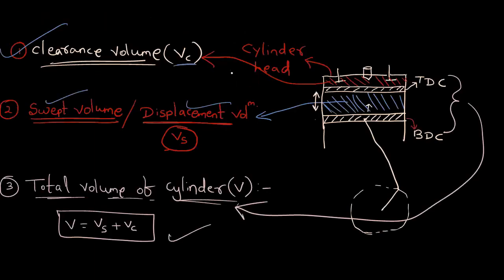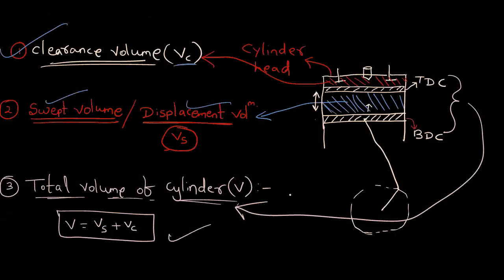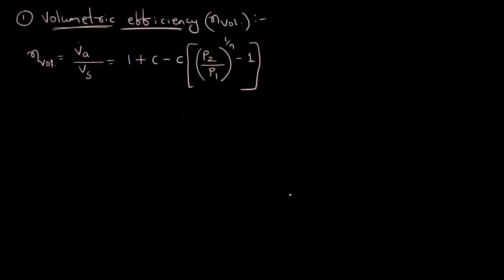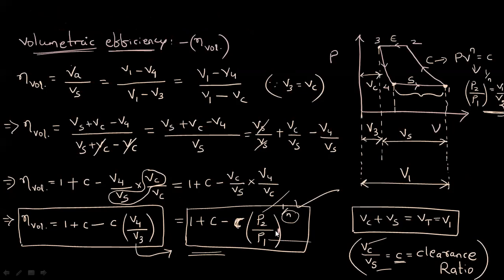Okay, whatever we have discussed here. 1 plus C minus C P2 by P1 whole to the power 1 by N. Okay, this is the formula to calculate volumetric efficiency.